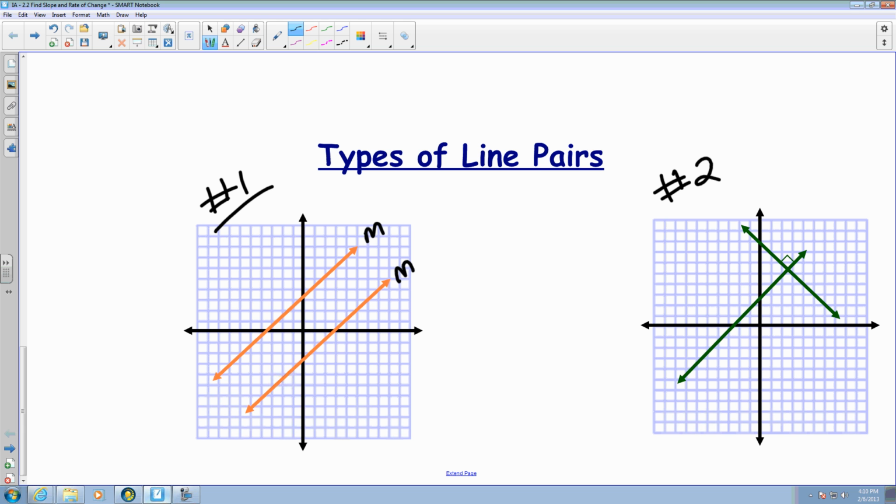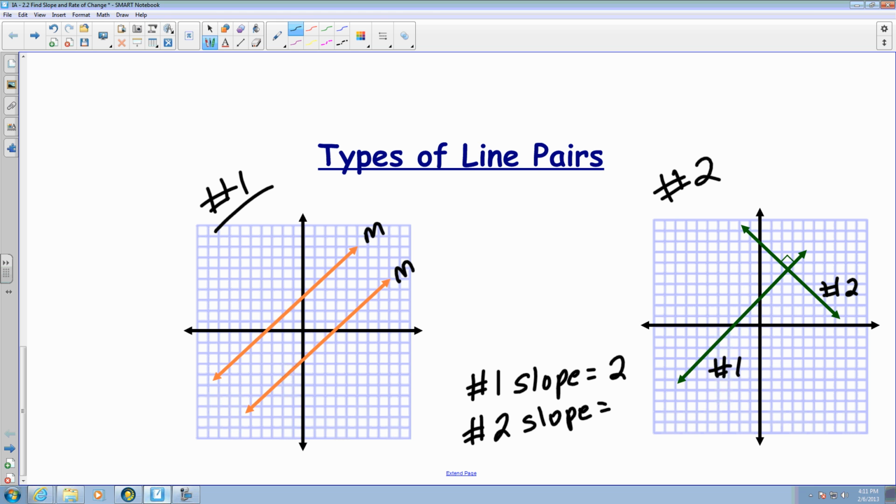Okay? When I'm looking at perpendicular lines, this means that each line is 90 degrees from one another. So let's say this is line number 1 and this is line number 2. Line number 1, for example, has a slope equaling 2. For line number 2 to be perpendicular, the slope must be what is called the negative reciprocal of the other line.